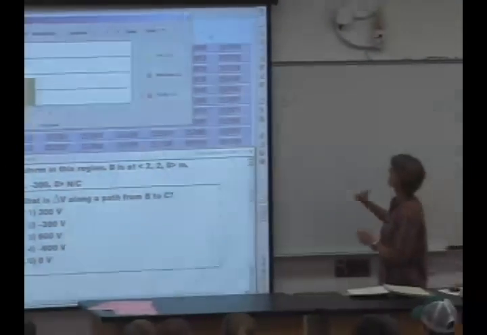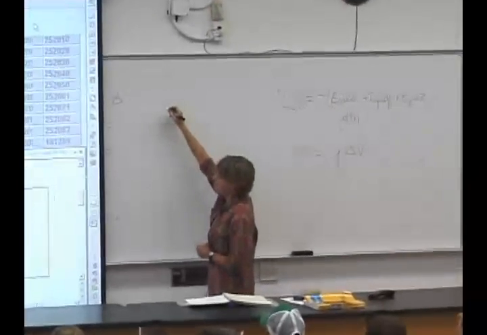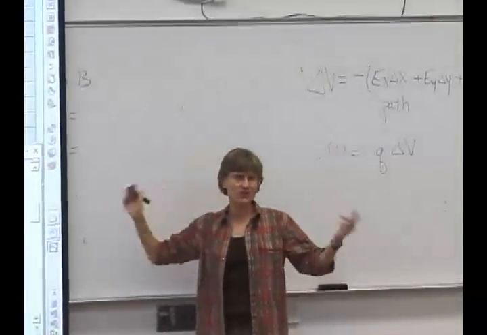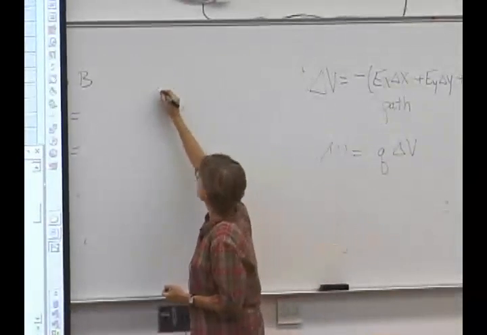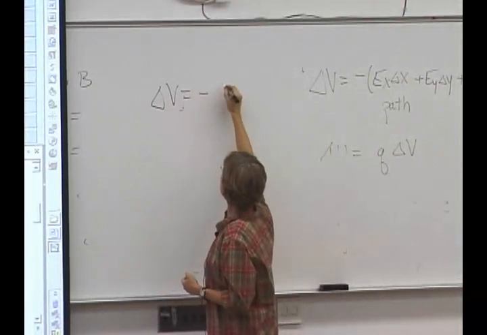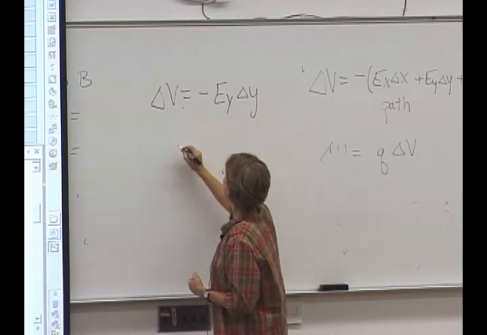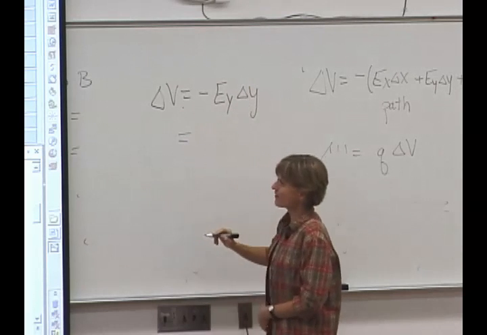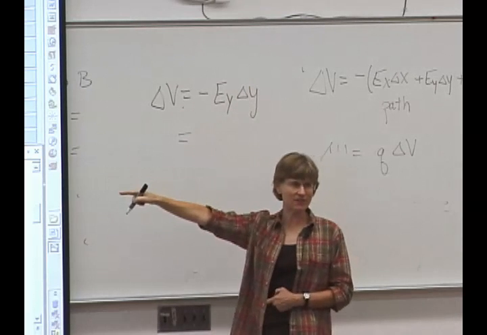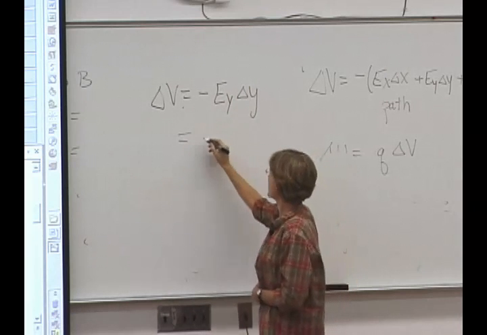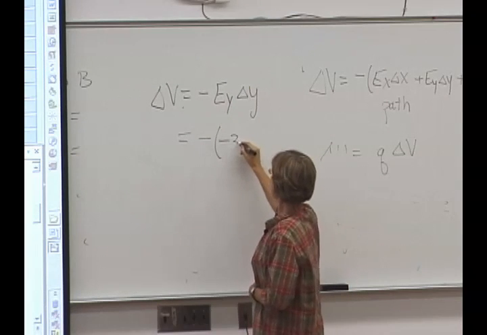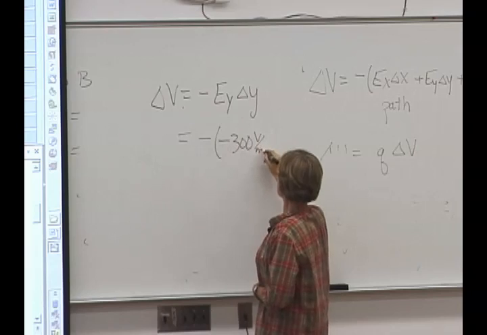So we want, okay, E sub x is 0 and E sub z is 0. So here we have delta V as a minus E_y delta y, right? So E sub y is negative 300 volts per meter.